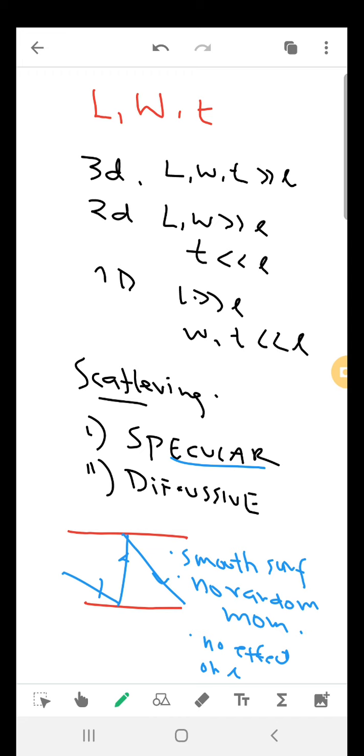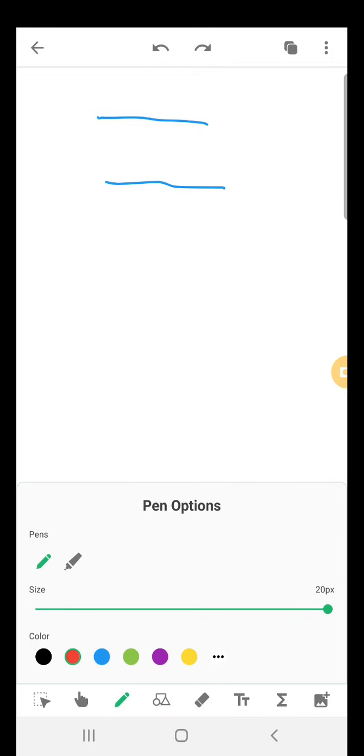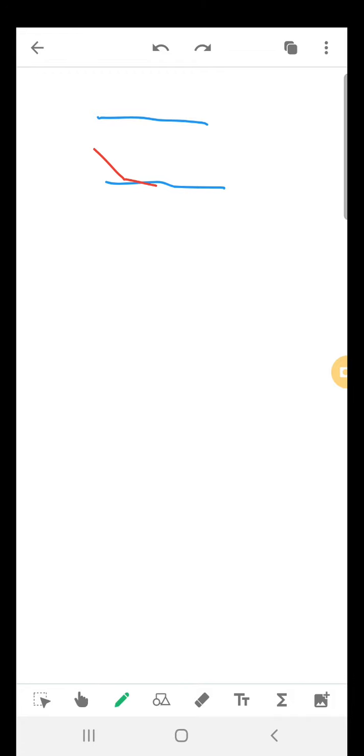The diffusive scattering, on the other hand, takes into consideration the scattering with other electrons. So it will be more like this, not a very smooth one, but this is how it should be. It gets scattered from other electrons.